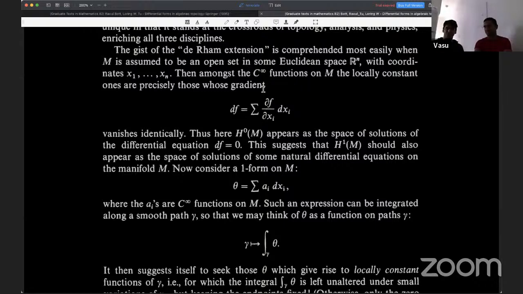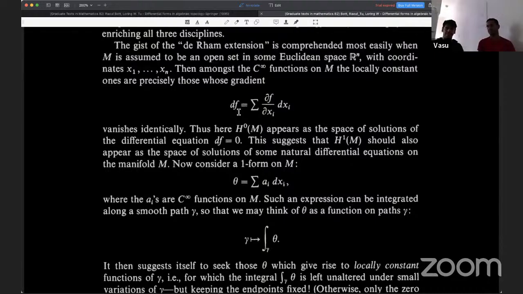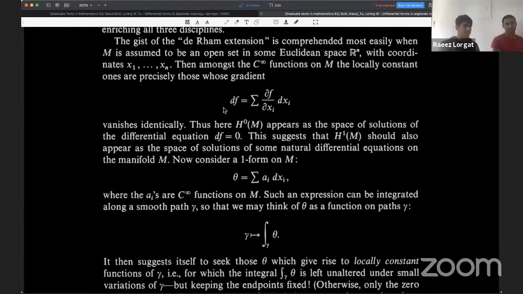It turns out there's a differential criterion for being locally constant, which is that the gradient must vanish. It cannot vary, so the derivative in each of these coordinate directions has to be 0. That is just a differential equation, which is to say we can define this operator d, which essentially computes the gradient, and ask whether it is 0 everywhere. This is just a restatement of local constancy.